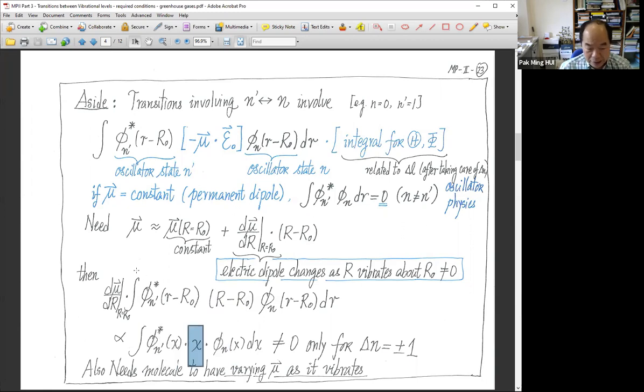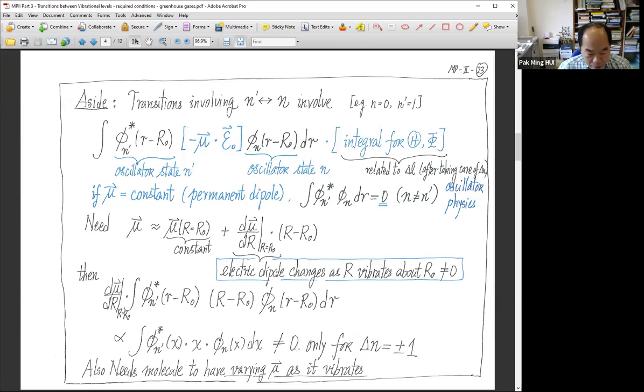This is exactly this integral. And in your homework problem, in sample questions, we have done this before. We know this is non-zero if n and n prime differ by 1. And this is why we have the selection rule, okay?